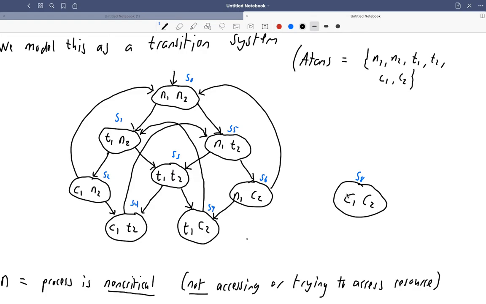So in fact, as I already commented, if we do have this state, we should really put an arrow from here to here if process one is releasing the resource, and an arrow from here to here if process two is releasing the resource. So I could draw those in, but I don't want to make the picture more complicated. So actually, I'm just going to remove this state because it's not really playing any interesting role in the model.